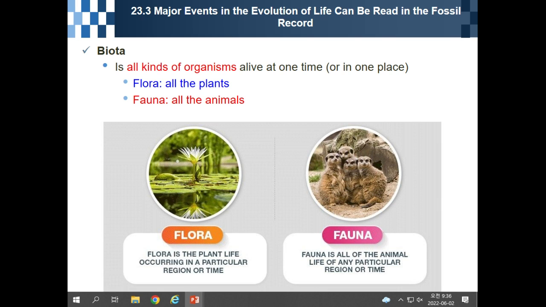And also there are a lot of others here. One is the fungi, like this. Another animal, another organism is like this. The largest one is biota.